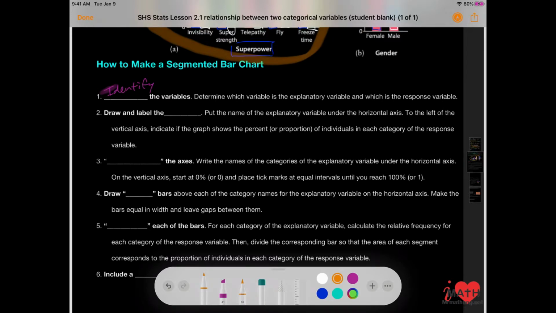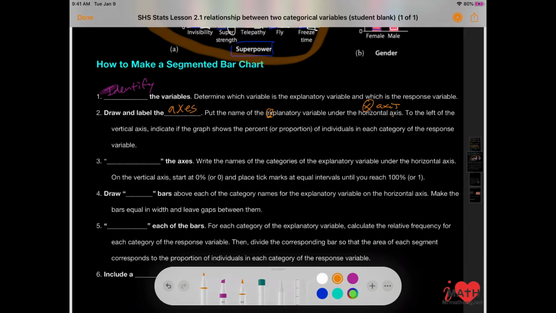Number 2, draw and label the axes. Put the name of the explanatory variable under the horizontal axis. Remember why? Explanatory explains, and you think of it as the x-axis, right? So lots of x's there.